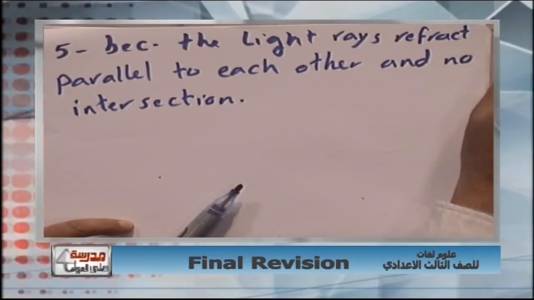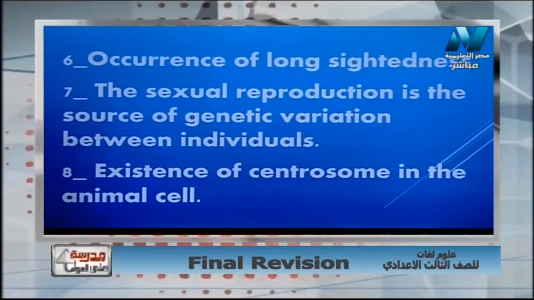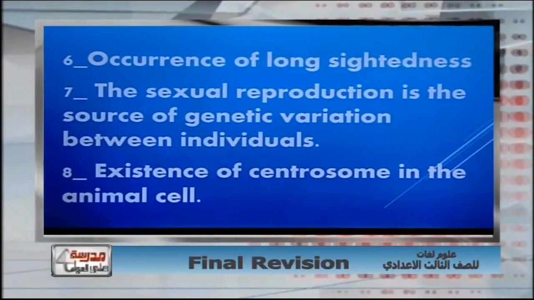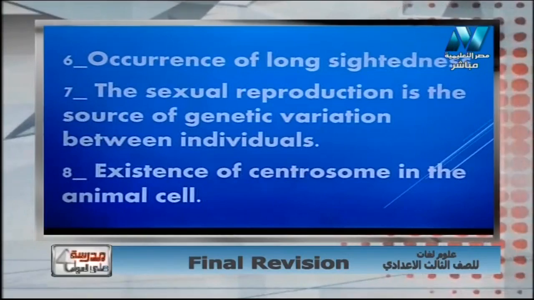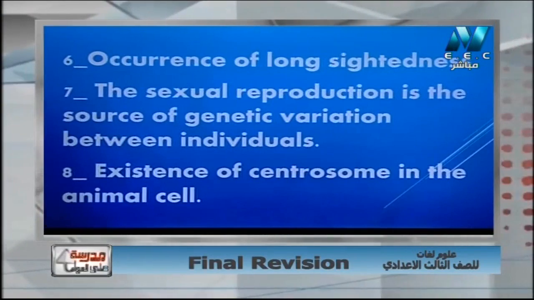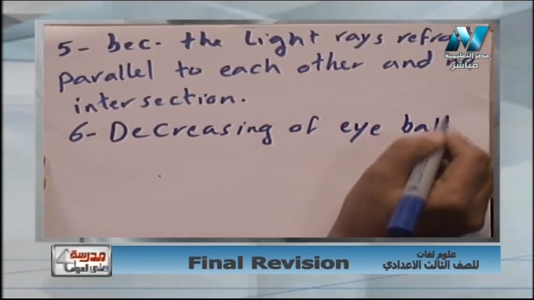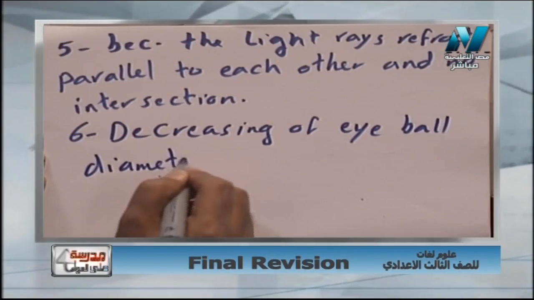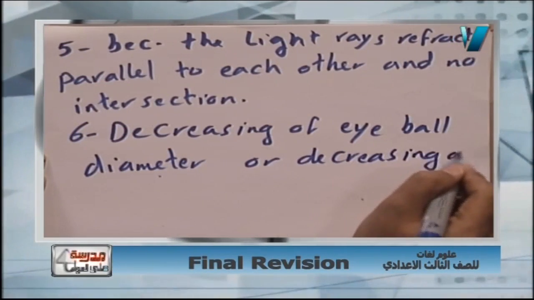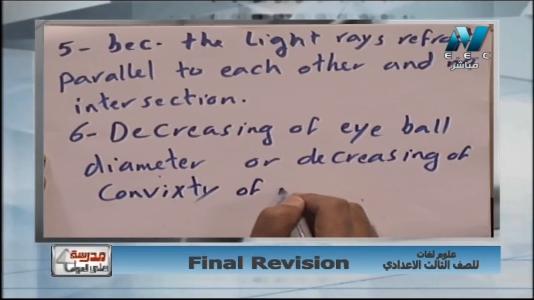Number 6, occurrence of long-sightedness. What are the reasons for long-sightedness? Remember this, my dear student. Long-sightedness, so decreasing of what? Eyeball diameter, or decreasing of convexity of eye lens.